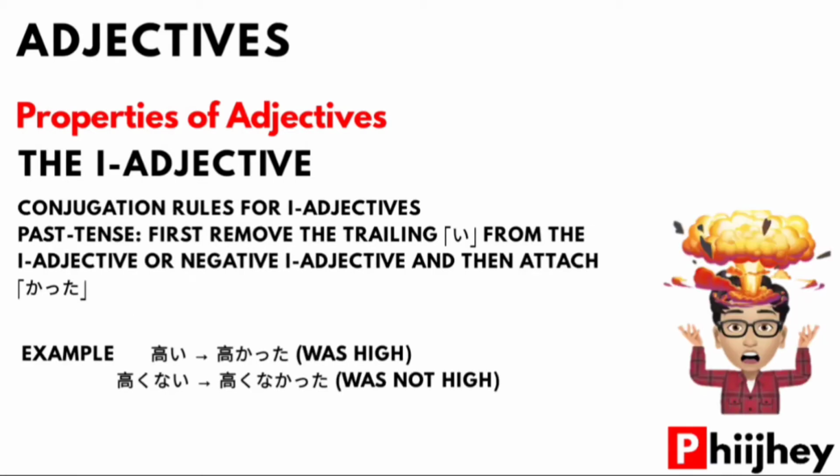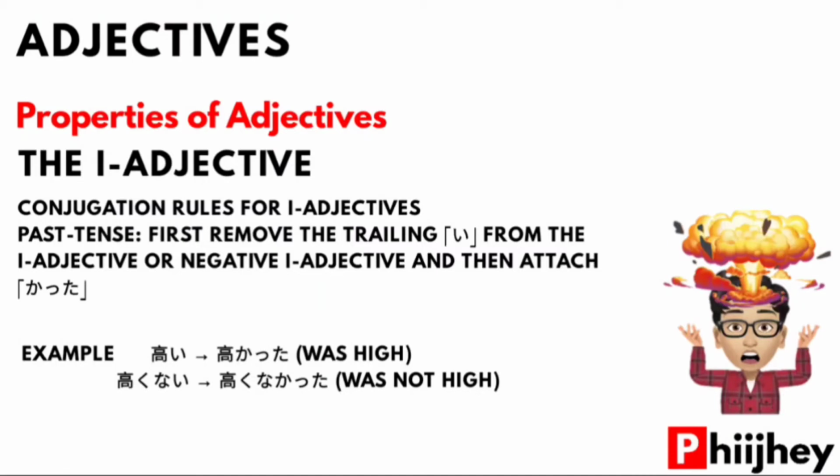Now, conjugation rules for i-adjectives to make them past tense. First, remove the trailing i from the i-adjective or negative i-adjective and attach katta. From takai, it will become takakatta. And from takakunai, it will become takakunakatta. Takakatta is was high.